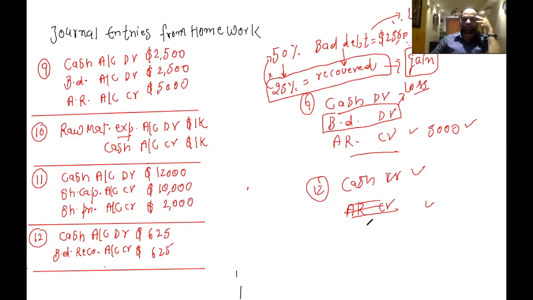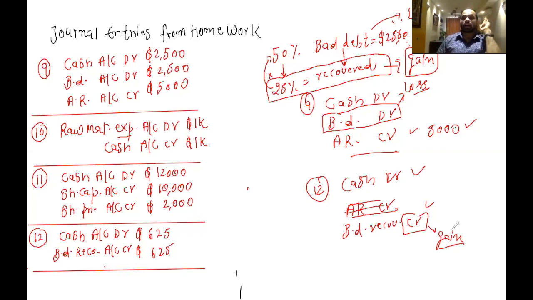Now you will record it as bad debts recovered credit, because it becomes your gain. Loss and gain: loss debit, gain credit. All right. So that's why bad debts recovered credit.